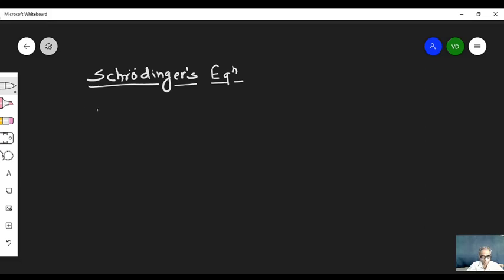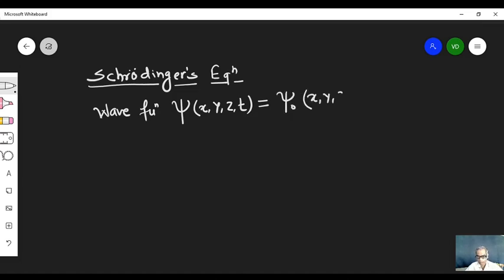So we know that the wave function that was defined by Schrodinger is a function of x, y, z and t, and we were trying to separate this variable by writing psi as the function of x, y, z, t, and psi 0 as the function of x, y, z only, and then some function of time. So this is called the variable separation method.